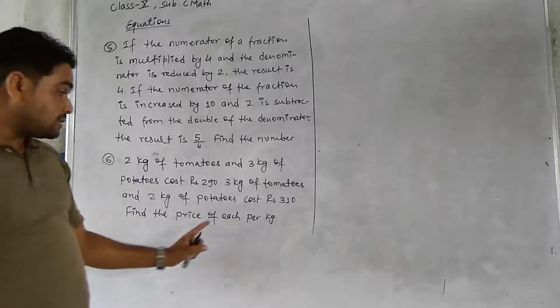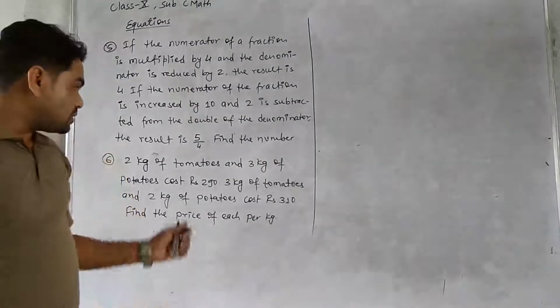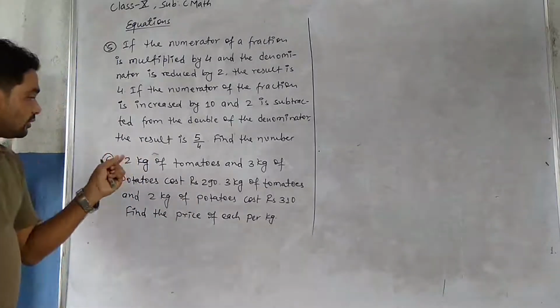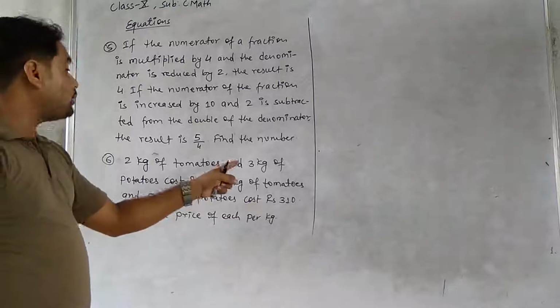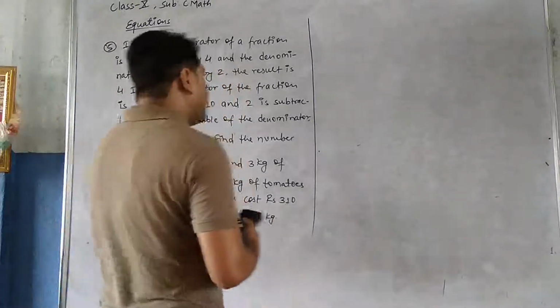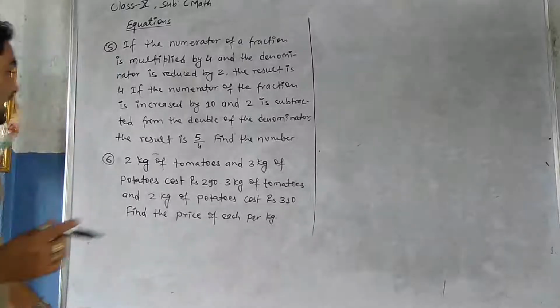Then find the price of each per kg. That means what? We are going to find out how much 1 kg of tomato costs and 1 kg of potato costs. We are going to find it, and for that we have to lay that first.